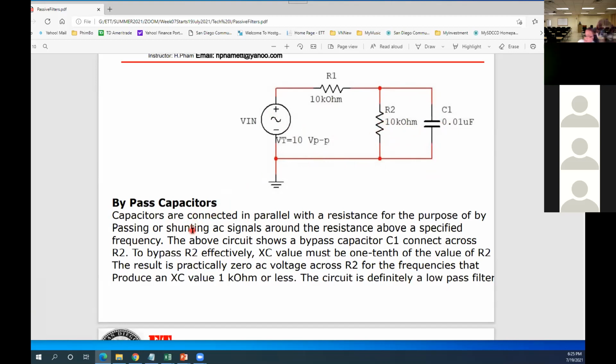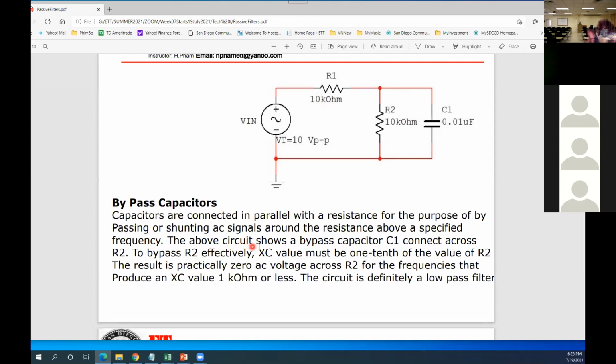Now, capacitors are connected in parallel with a resistance for the purpose of bypassing or sending AC signal around the resistance above a specified frequency.